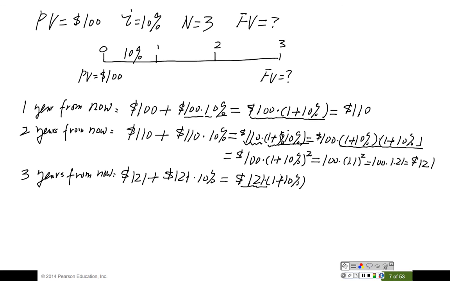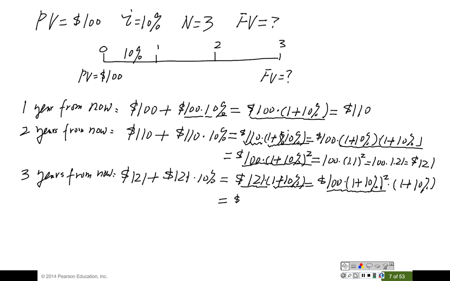Again, this 121 can be substituted by this equation here. So this equals 100 times 1 plus 10% to the power of 2. So this is 121. Remember, we also have this term, do not forget. Multiply by 1 plus 10%.